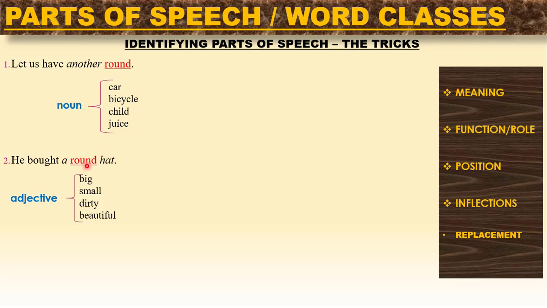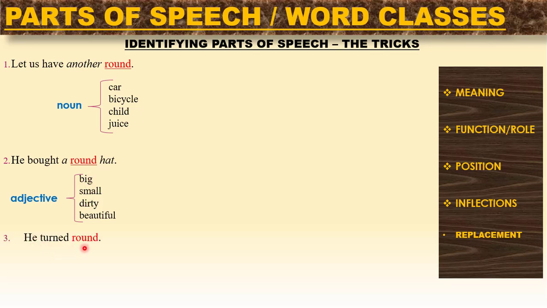You can replace round with these words that are also adjectives. So it means that round is functioning as an adjective. By position, round comes in between an article and then a noun. Any word that comes between an article and a noun can also be called an adjective. So by position, we can verify that round here is an adjective.